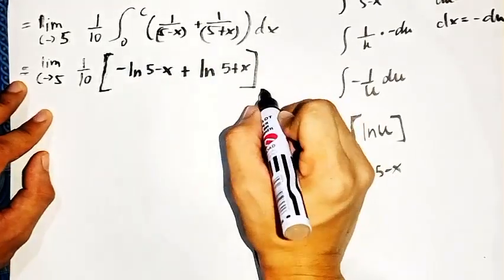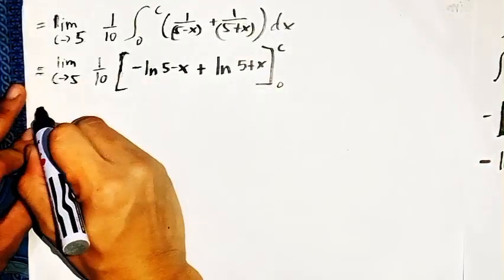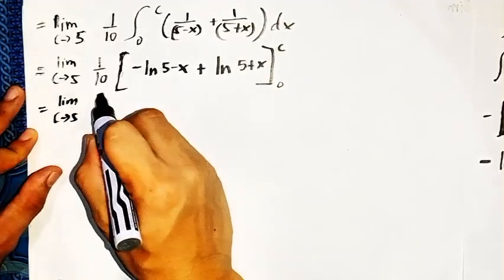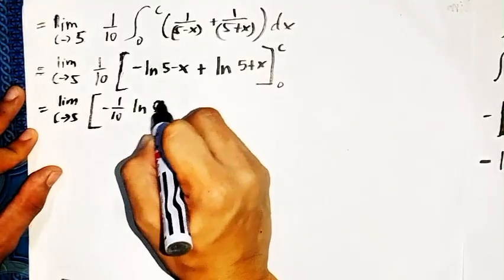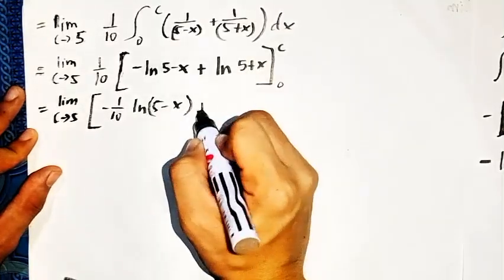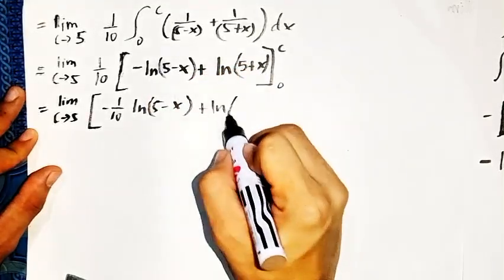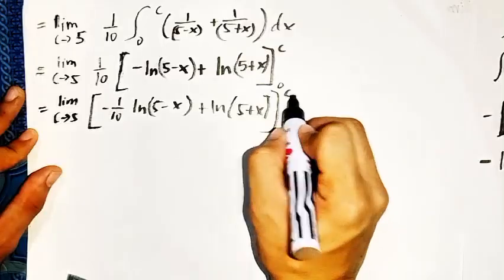Our boundary, which is 0 to c, is equal to limit c approaches to 5, 1 over 10 times negative ln 5 minus x plus ln 5 plus x, and our boundary is 0 to c.